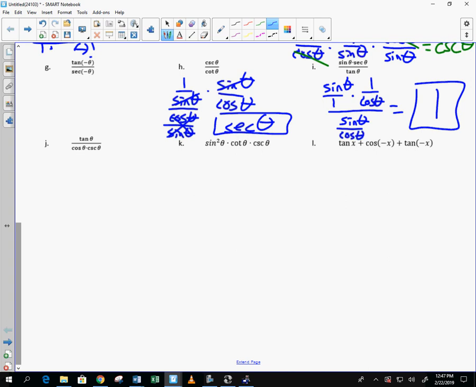Which one? This one? H? Did you have 1 over sine? Okay, so the cosecant you want to write is 1 over sine right away.